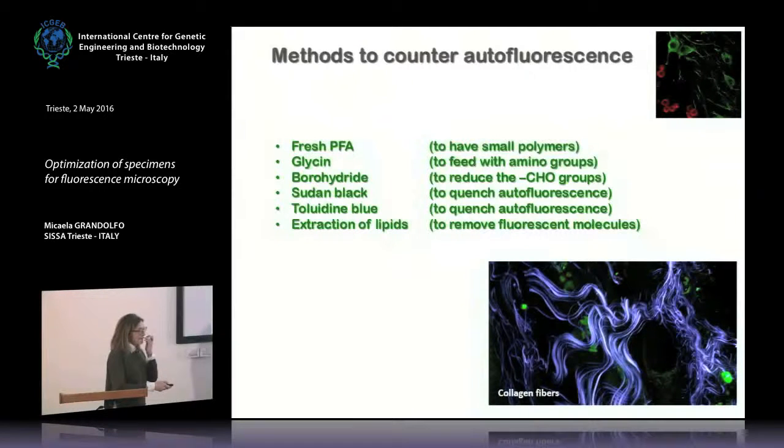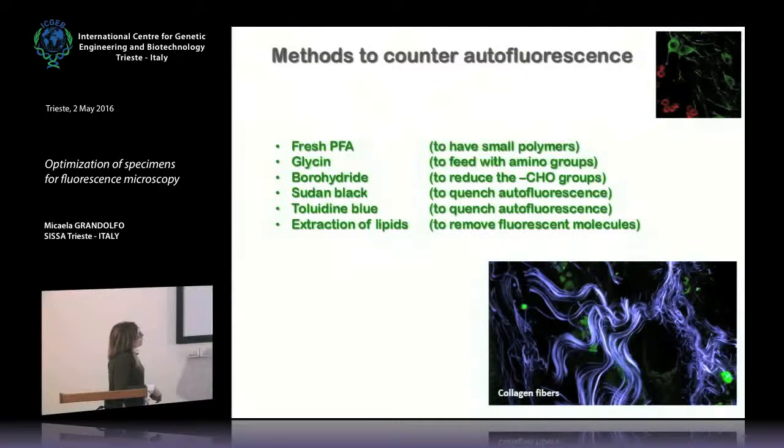Okay, so methods to counter autofluorescence are freshly prepared PFA, as I told you, and a treatment with glycine, so you can bind the free aldehyde groups with amino groups, in this case with glycine. You can use borohydride to reduce the aldehyde groups.